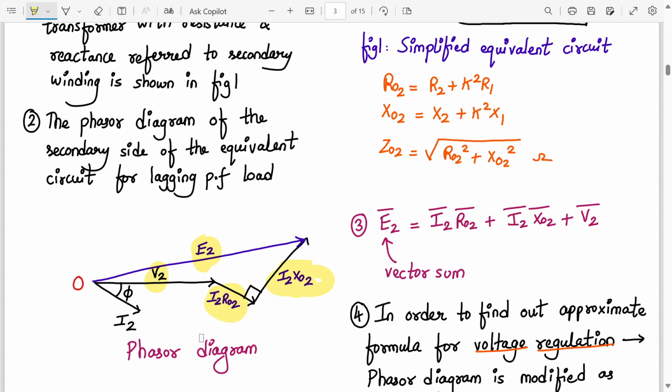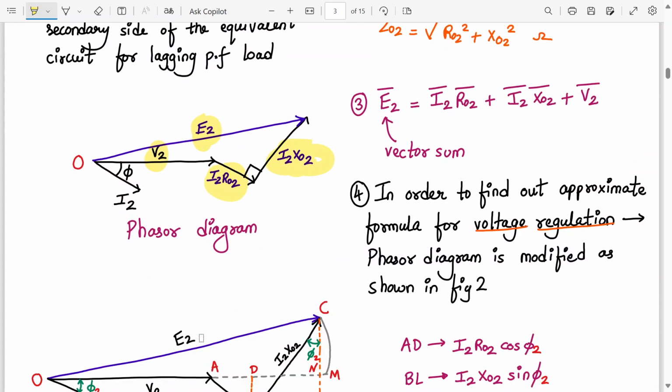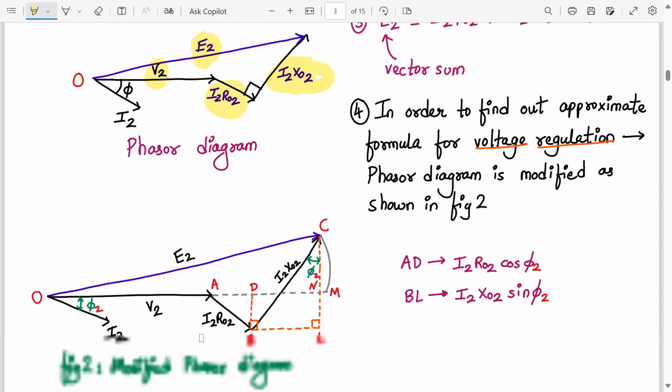Did you understand this phasor diagram? We have drawn this just now, but oriented towards the negative side, but this is positive. It's fine. Yes or no? Did you understand this? Yes, sir. Okay. So now in order to find the approximate formula for voltage regulation, the phasor diagram is modified as follows.